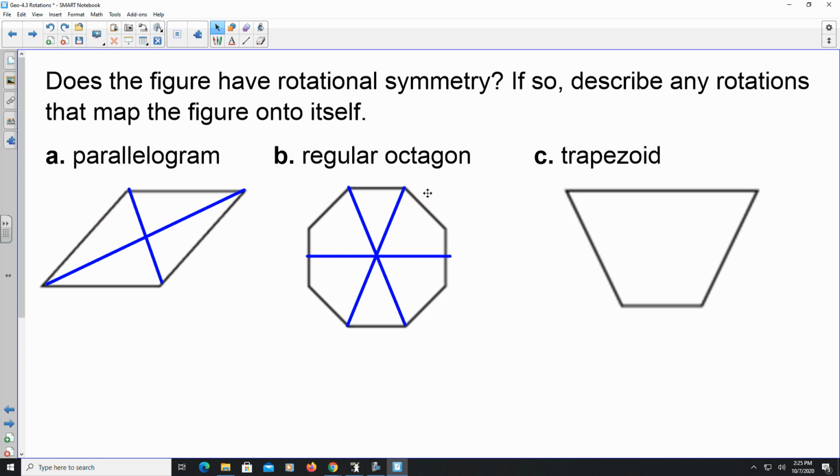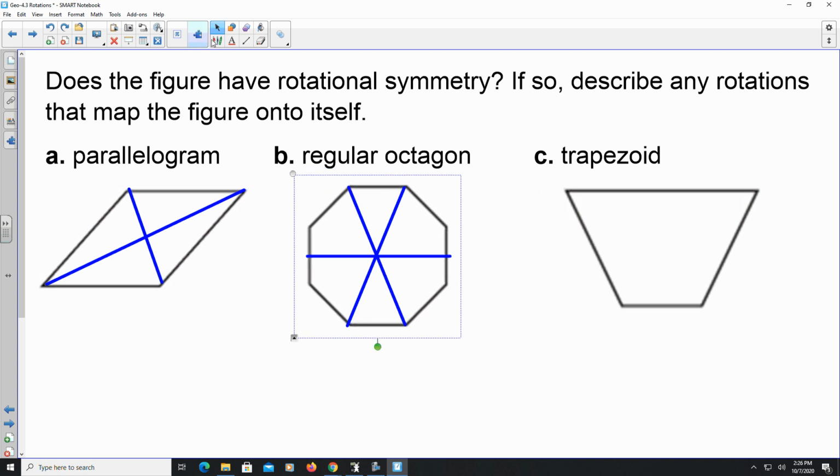It seems like you could rotate it in a bunch of ways, even a small rotation like so. So like 45 degrees, or even 90 degrees, or even 135, or the full 180. You could tell that it still creates the same image as the original image.